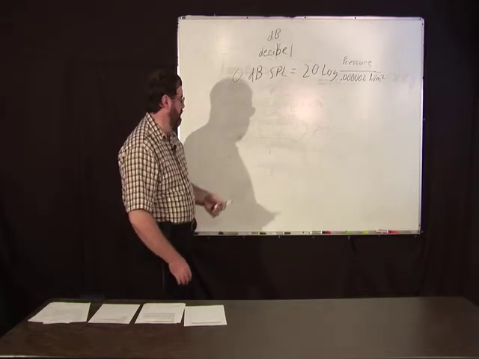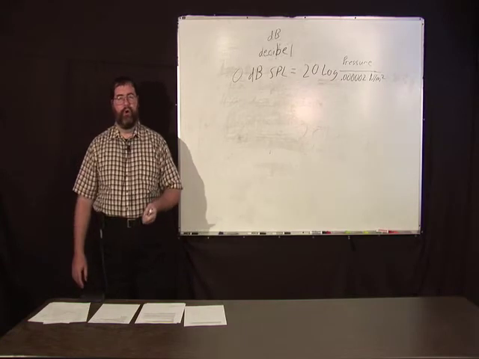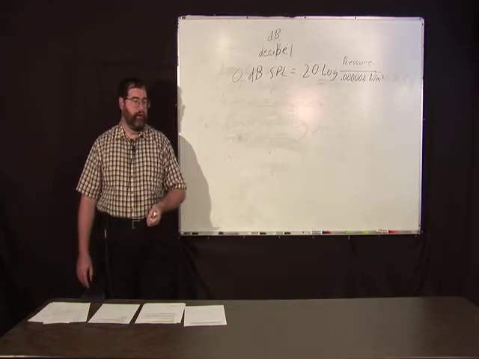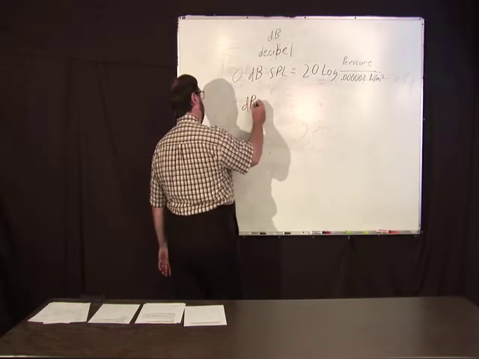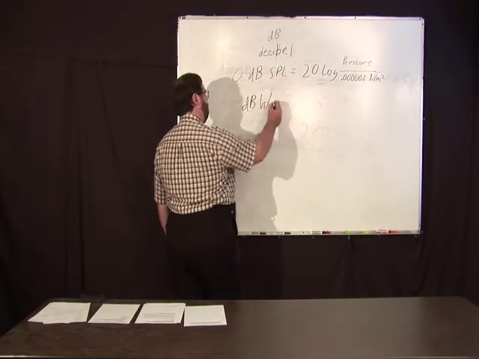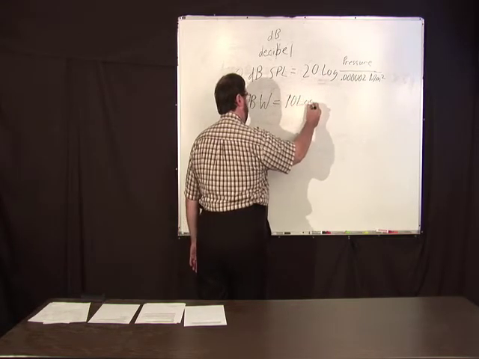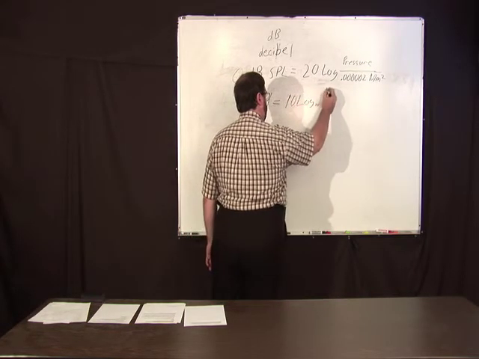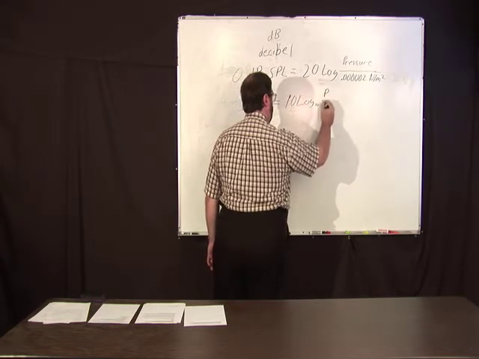Well, it's power ratios. We know that power is measured in watts. In particular, you can have a unit called a dBW, which is 10 log base 10 of power divided by 1 watt.